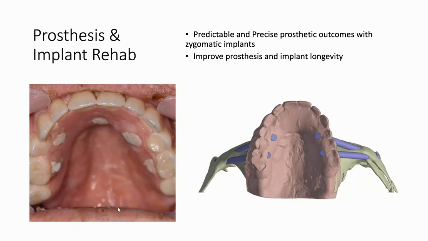You can see in these two pictures the resemblance of how the prosthesis looked in the plan versus how it looked after the surgery. So this really helps to make the work more simple for the person in charge of the prosthesis and the implant rehab. I think it's a really good case and exemplifies how, going from a virtual surgery, a prosthetic-driven approach, with the aid of an instrument, we can achieve that level of precision.